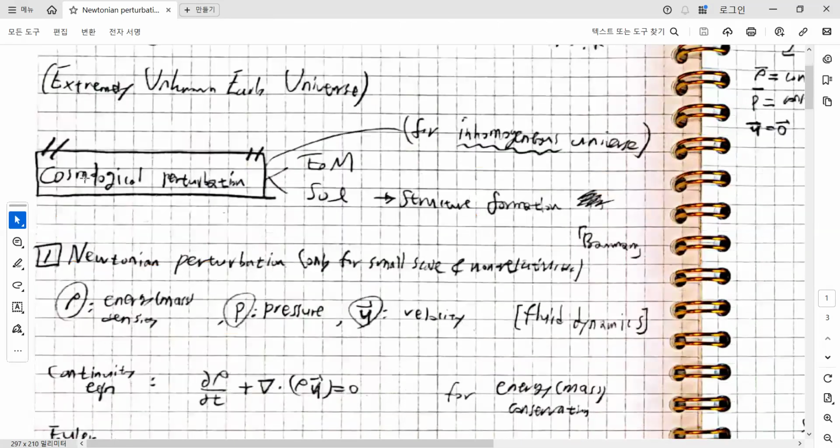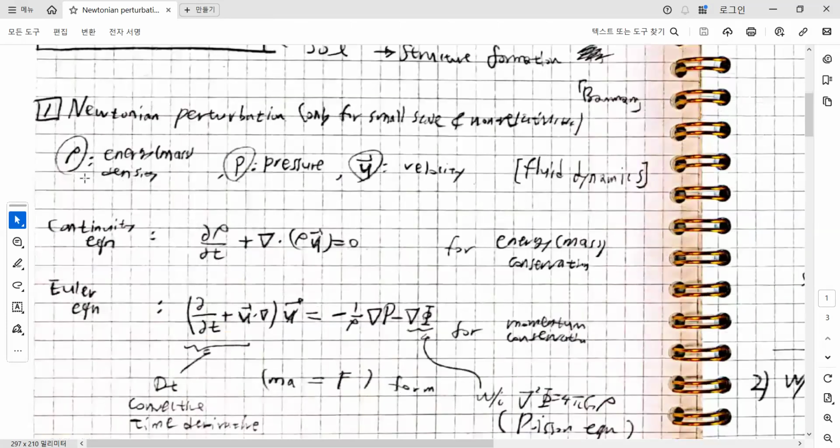So first of all, we will focus on the Newtonian gravity case. There are three quantities which appear in fluid dynamics. The first one is the energy density rho, corresponding to the mass, then the pressure P, and the velocity vector u. These satisfy two equations.